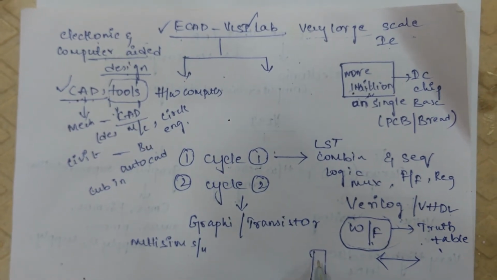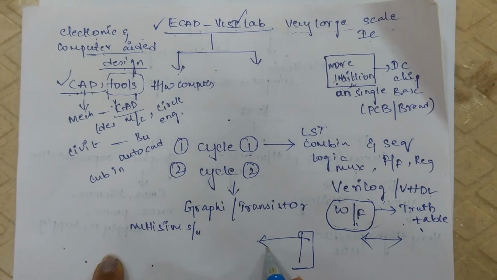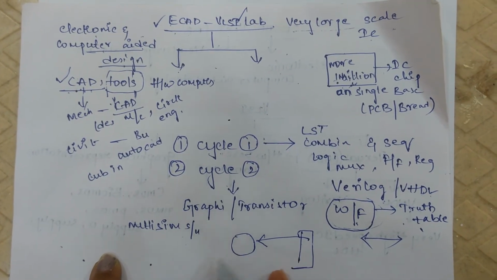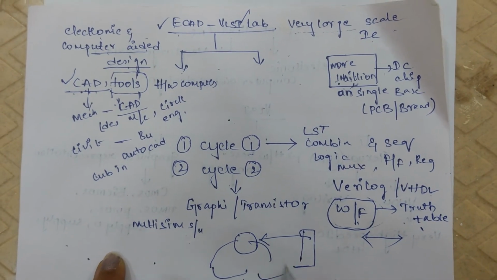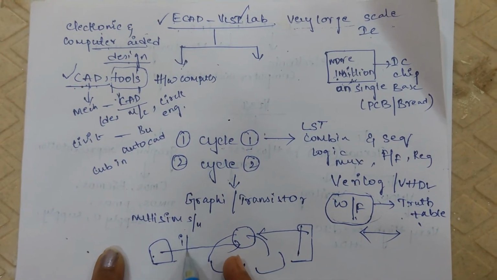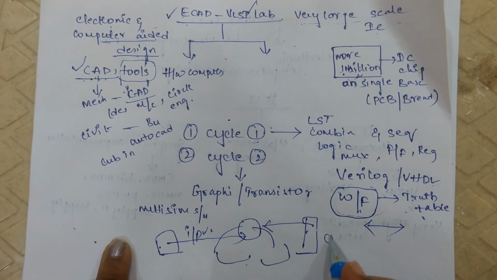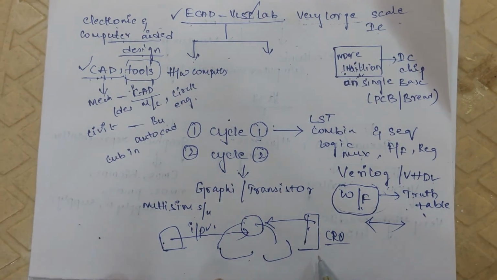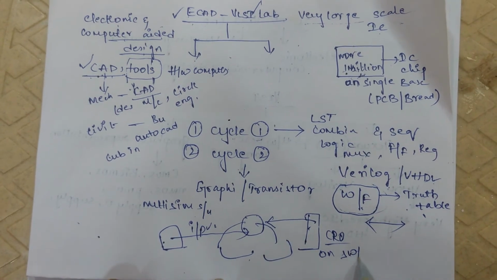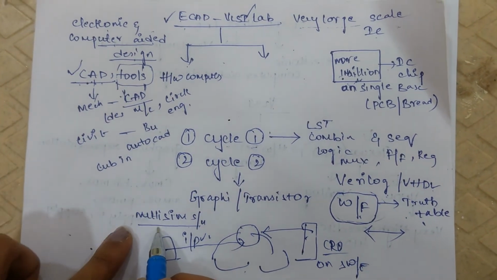According to your circuit design, you will drag those components, use them and give interconnections, and from the function generator you will give some input voltage and check the output by connecting to the CRO, or check your waveform analysis on the screen itself. That was done previously in your Multisim lab.